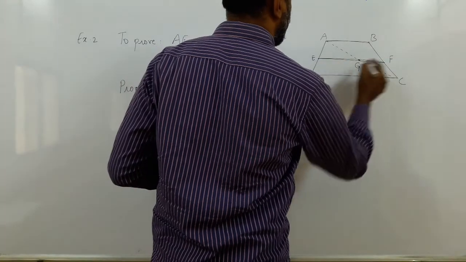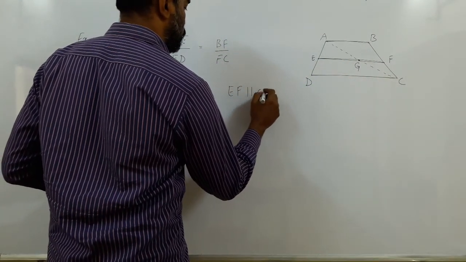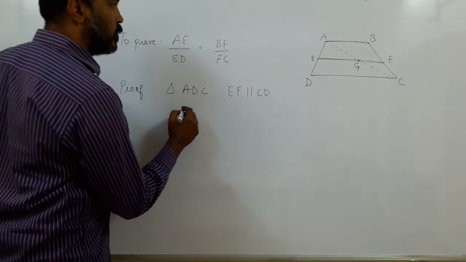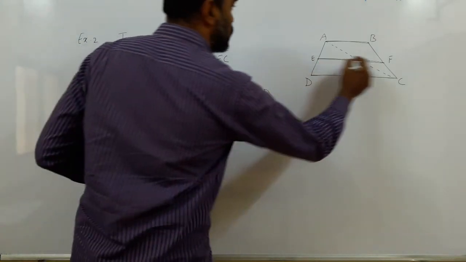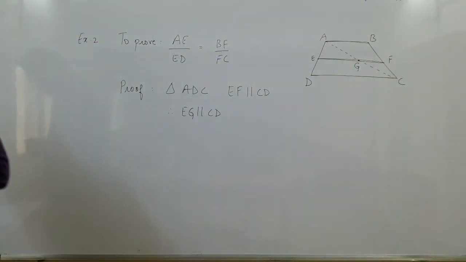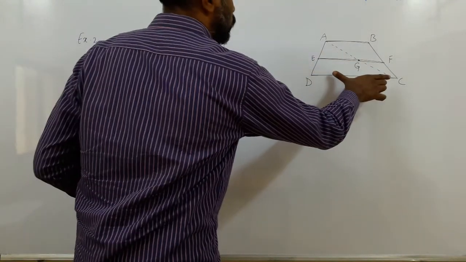Now EF is parallel to CD. Therefore, EG is also parallel to CD because EG is part of EF. I hope you understood this. Yes, so EG is parallel to CD.